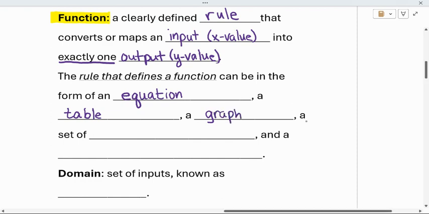It can be in the form of a set of, what do you think this is going to be? We just wrote it in our definition. Ordered pairs. Who said that? Good job, Tim. A set of ordered pairs. Remember that ordered pairs look like this, right? X, comma, Y. Do we remember that's what ordered pairs look like? Okay. And a mapping.